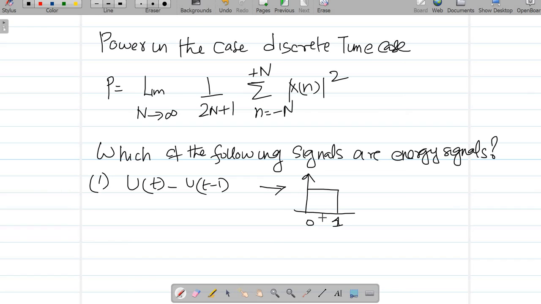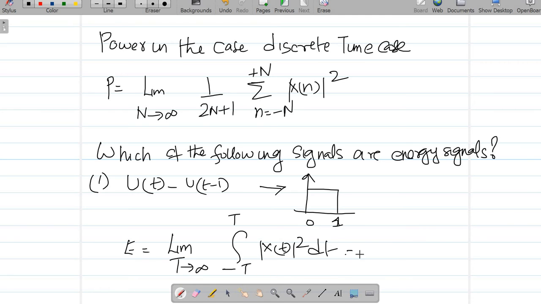Okay. So all that I need to do is use the formula, that is limit T tending to infinity, integral from minus T to plus T, take the magnitude and square it.